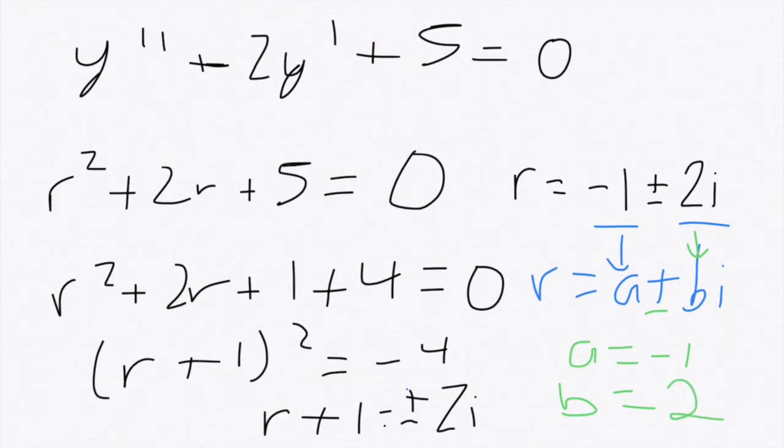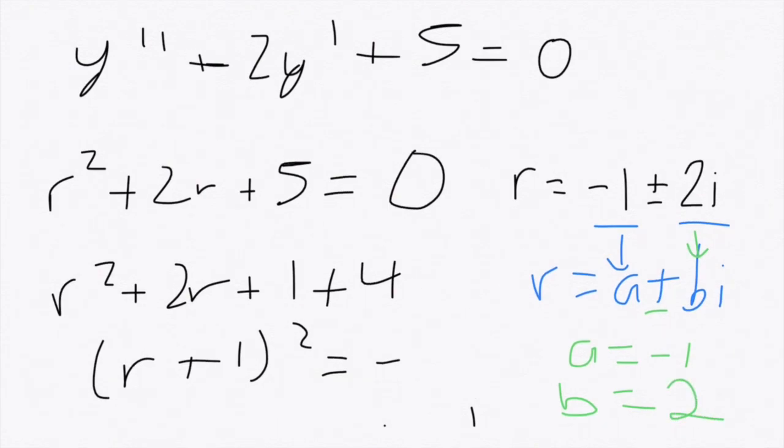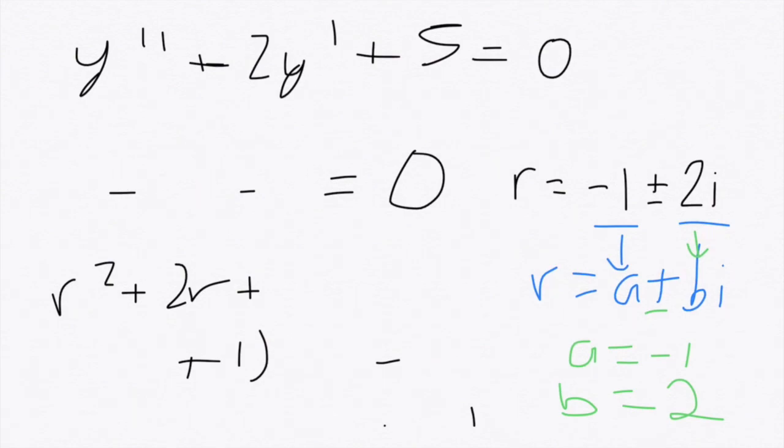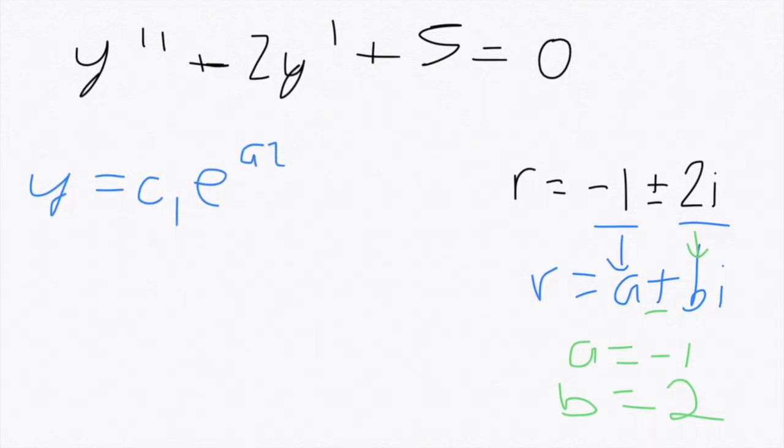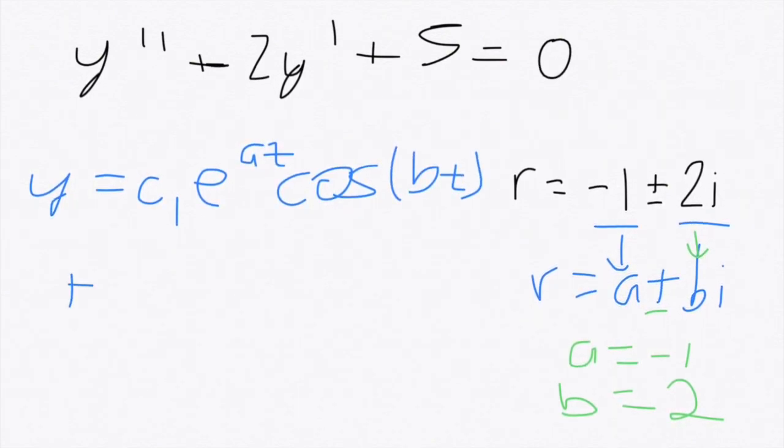So plugging that into our general form of a solution to a second order differential equation with complex roots, or imaginary roots, we get y equals c1 e to the at cosine bt plus c2 e to the at sine bt.